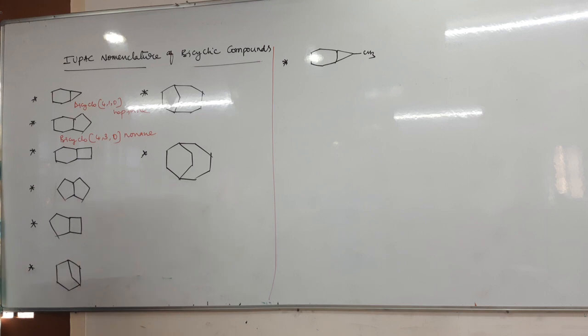If the bicyclic compounds contain substituents or multiple bonds or functional groups, then numbering should start from the bridgehead carbon, proceeding first along the longest bridge.